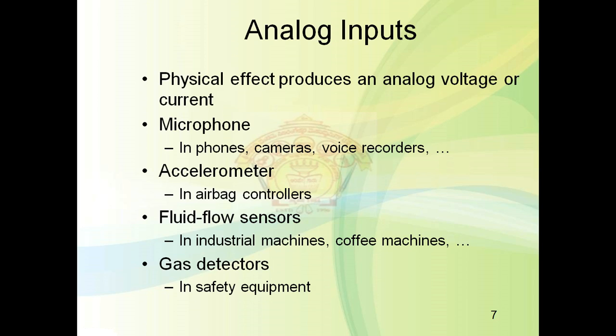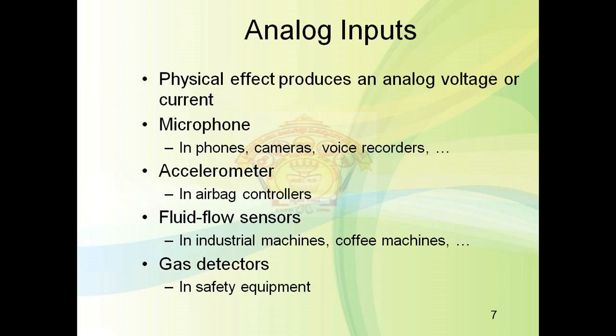A microphone has a diaphragm, and it acts as one plate of a capacitor. One is a fixed plate and another is a movable plate. Due to the sound there will be vibrations and a change in capacitance, and hence we can sense the analog information, that is physical information, as an electrical one.